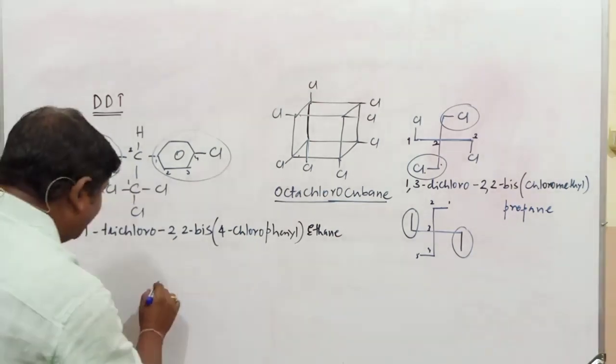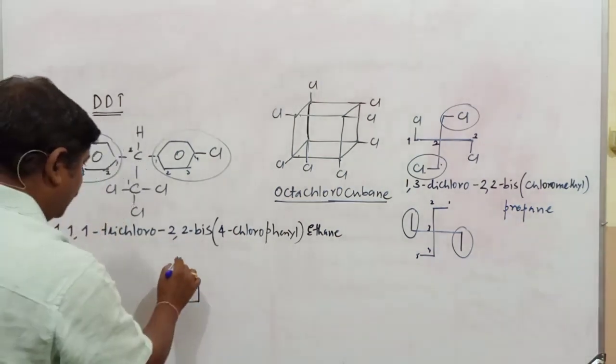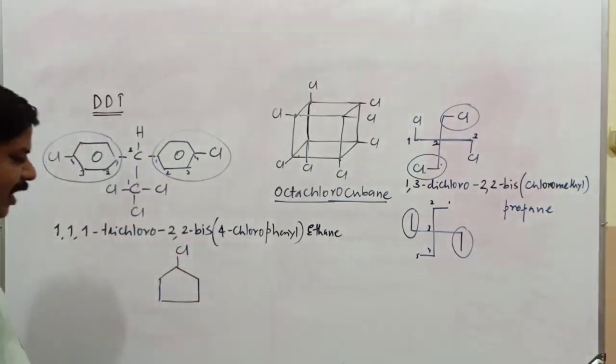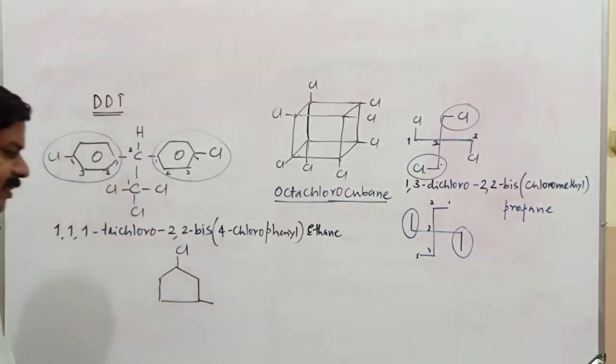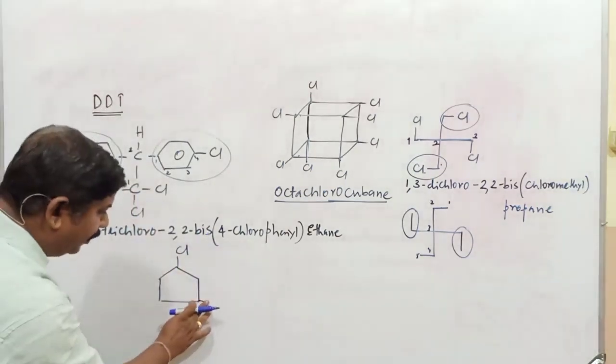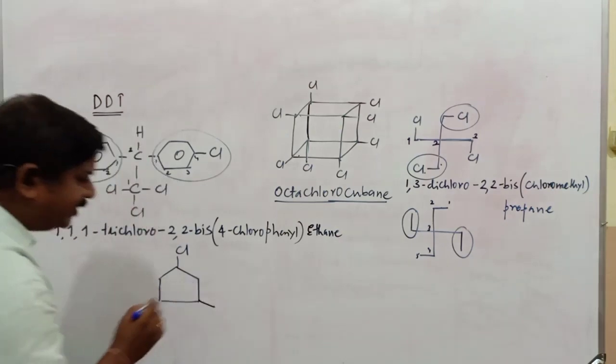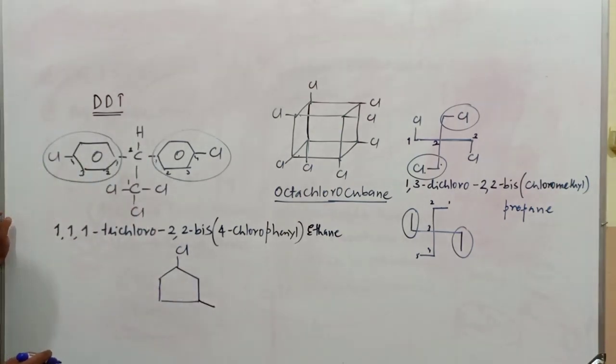Similarly, consider some compounds containing different types of substituents along with the particular group. This is a cyclic compound, and if only this particular group is present, it is called chlorocyclopentane. But here, in addition, a methyl group is present.